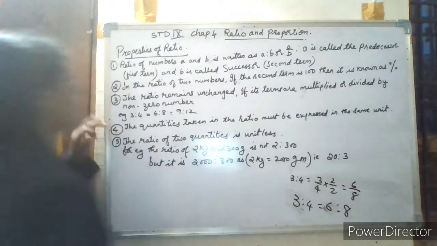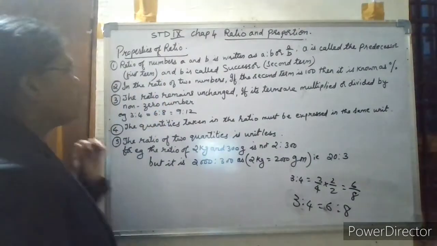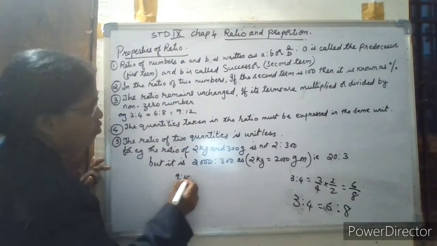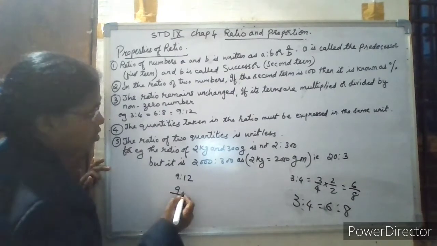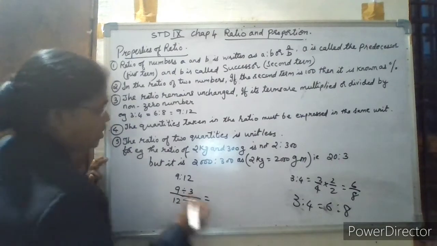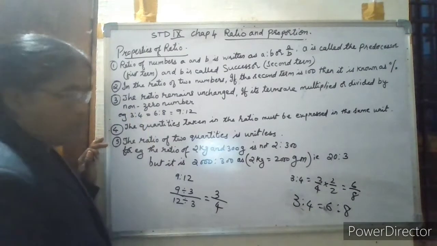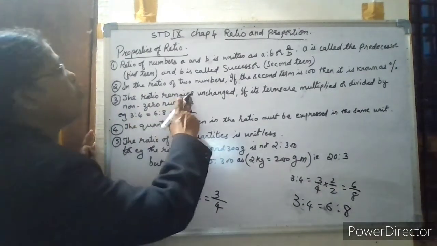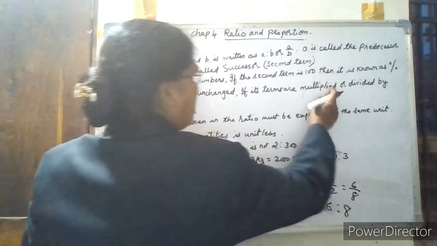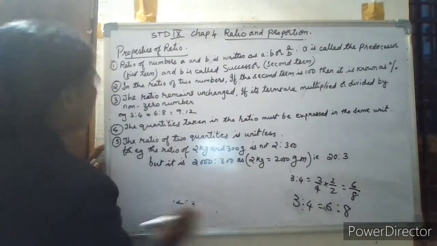These equal ratios we got by multiplication. Again it is equal to 9:12, that is 9/12. If I divide 9 by 3 and 12 also by 3, I get 3 and 4, since 3 threes are 9 and 3 fours are 12. I come back to 3:4. So by division also it remains unchanged. So the ratio remains unchanged if the terms are multiplied or divided by non-zero numbers. This is the third property.